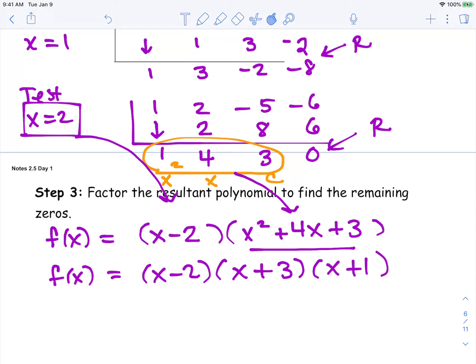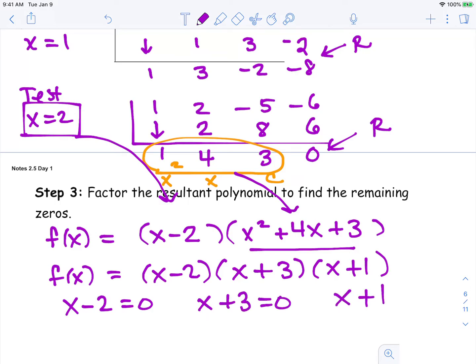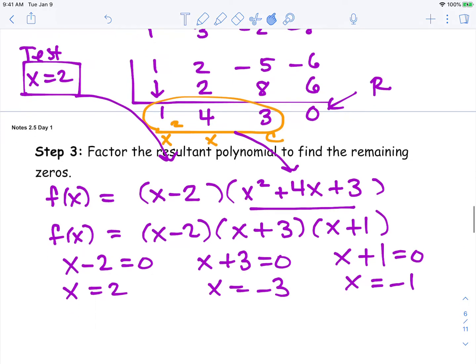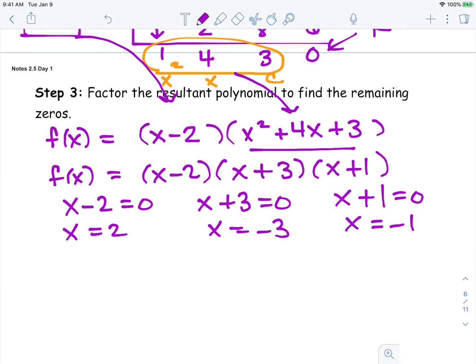Now we can set the factors equal to 0 and solve for x using the zero product property. Solve for x. And those are your 3 zeros of the function. They will then be your x-intercepts when you graph that function.